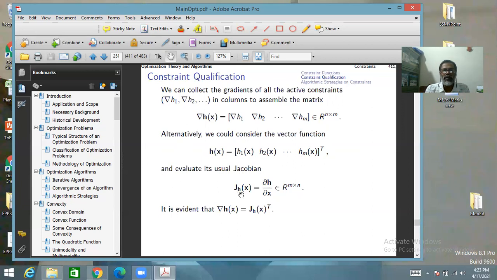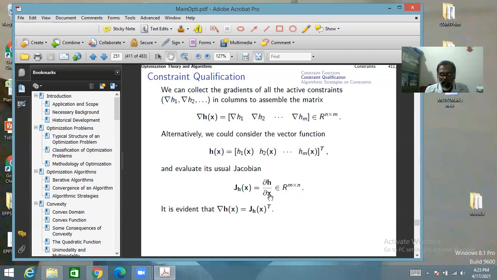So in the Jacobian, you would find that grad h1 transpose would appear as its first row. Grad h2 transpose would appear as its second row. Okay.